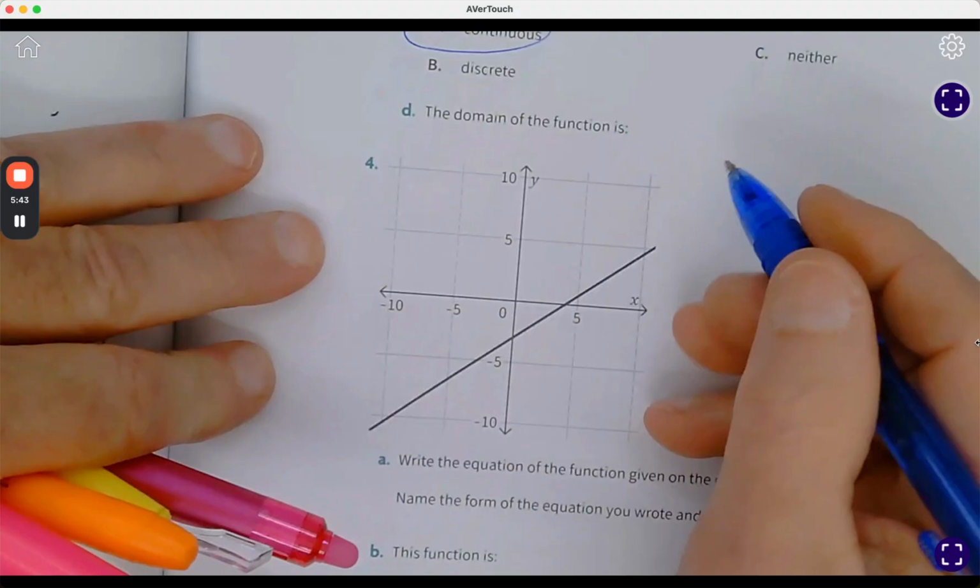Number 6, Jessica. Okay, what I noticed right away is that if I add 1.2, that's a common sum. So that means we have linear, because common sum means linear. Common multiplier means exponential. Go backwards to find your 0th term.